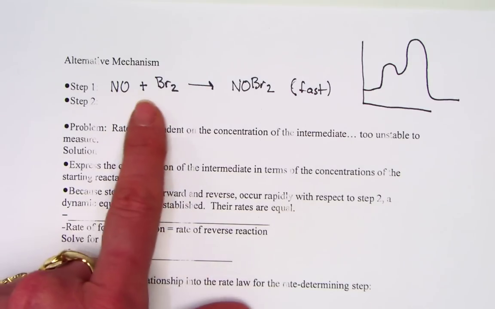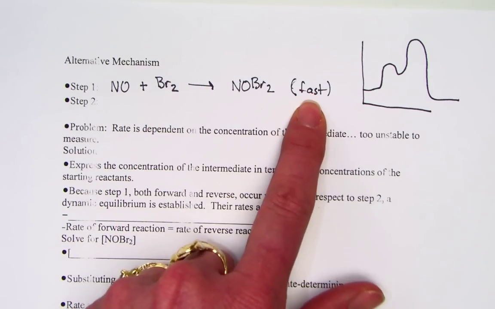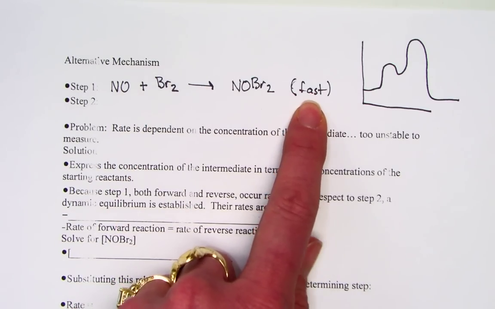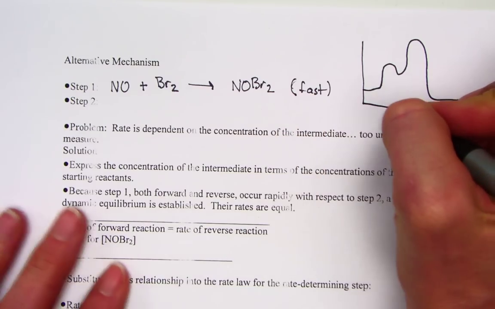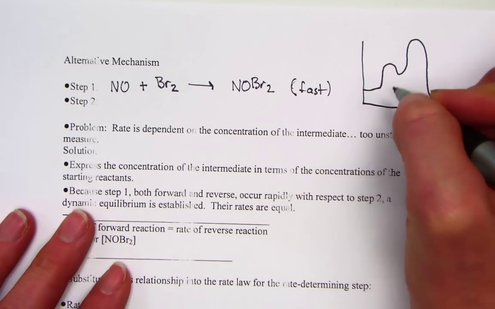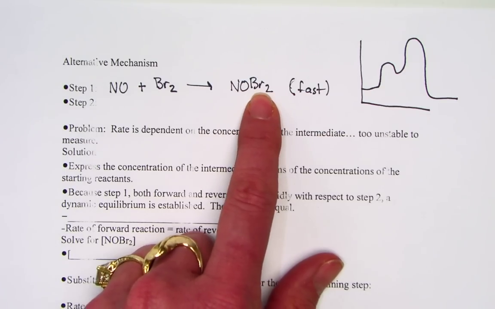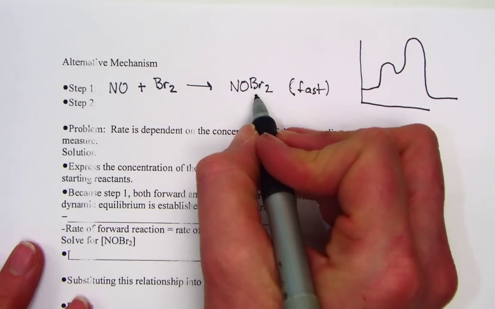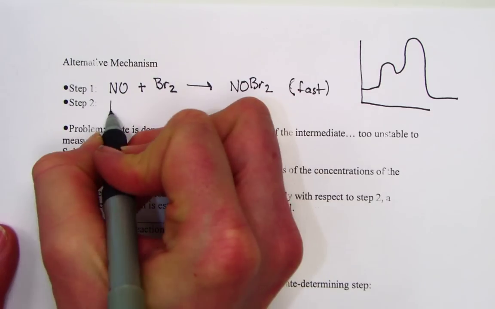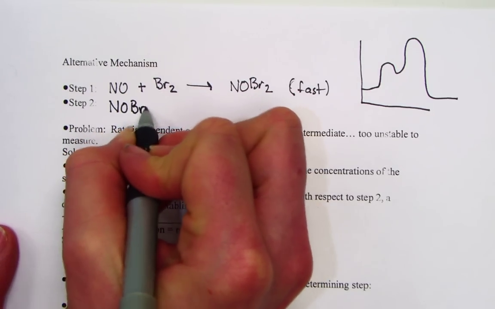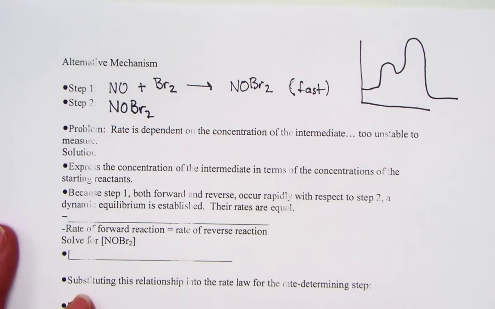This is not the observed rate law, so this cannot be the slow step. It must be the faster of the 2 steps with a lower activation energy. So now I have this product, this first product, NOBr2. That's not appearing in the overall equation, so I know that it needs to be used up. It needs to be an intermediate.